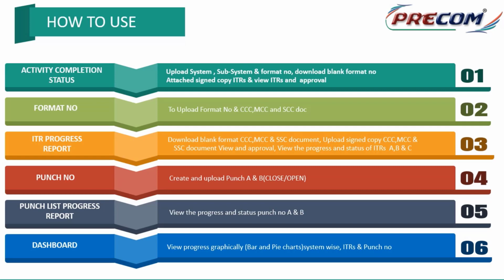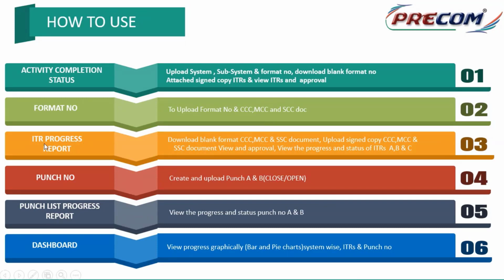The third one is system or subsystem clearance certification. In the Indian scenario, we can call these format 1, format 2, format 3, format 4, format 5. So once format 1 is completed, I go for format 2. Like this, CCC, MCC, SCC are the stages or steps representing the system as a whole.